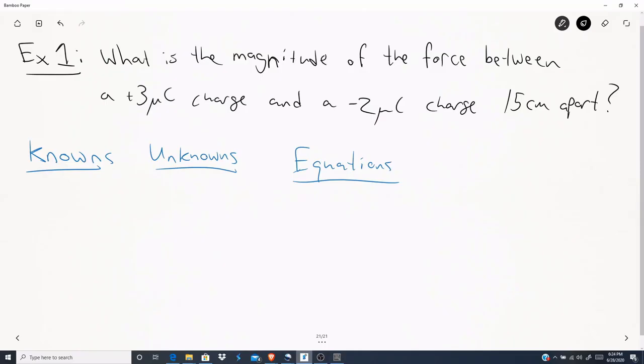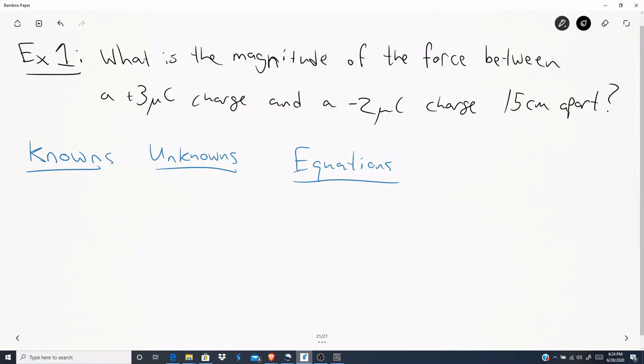So now we'll do our first Coulomb's law example. This is to determine the magnitude of the force between a positively charged 3 microcoulomb charge and a negatively charged 2 microcoulomb charge, which have a distance between them of 15 centimeters.